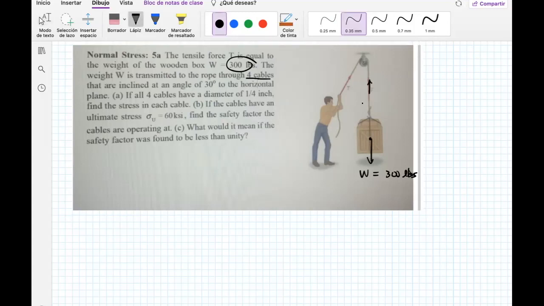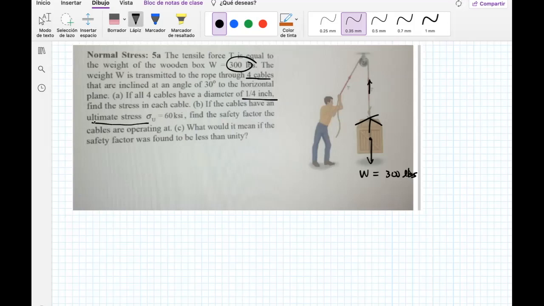When I was first looking at this, I really didn't know what they meant, but here I think, if I'm right, this is one, two, three, and you cannot see the other one in the back. That is the fourth cable. Each one of these cables has a diameter, and they ask us to find the stress they are subject to in this problem, and also to compare it with the ultimate stress.